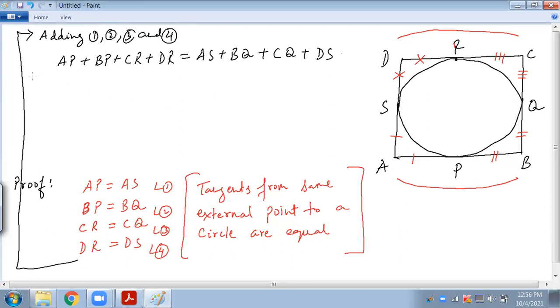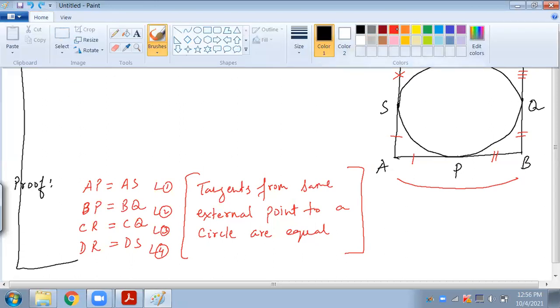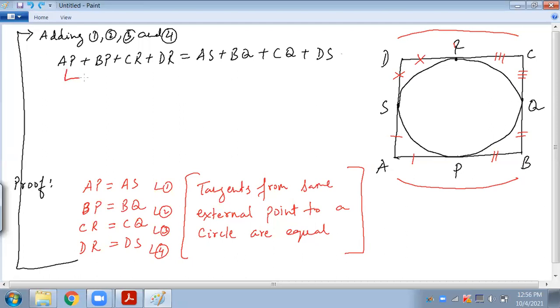Okay, now on adding, we're getting this, but if you see nicely in the figure, AP plus BP is what? AP plus BP is AB. Same way, CR plus DR is CD.